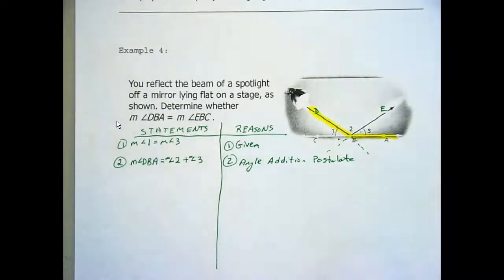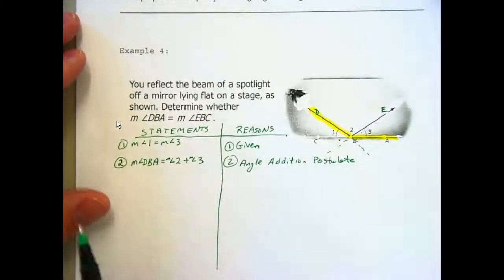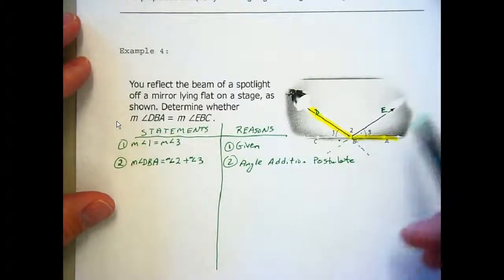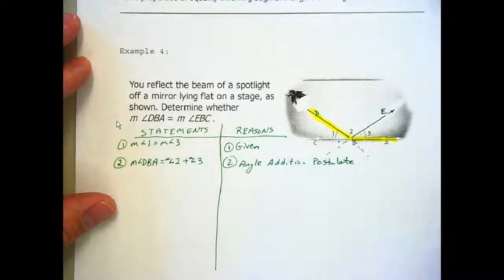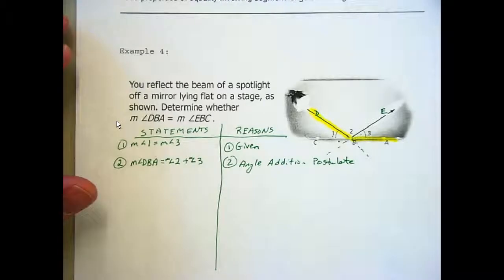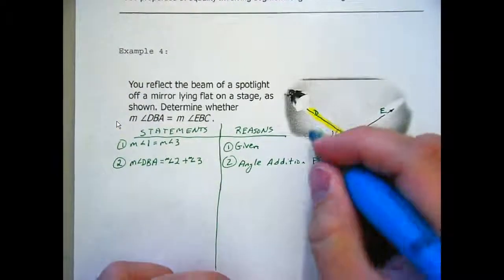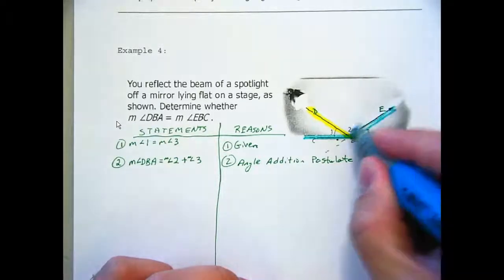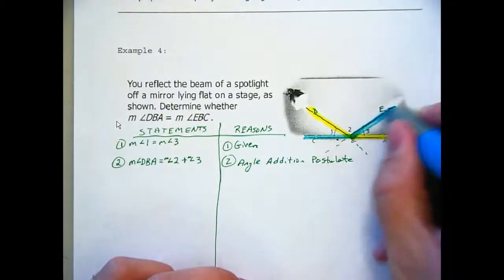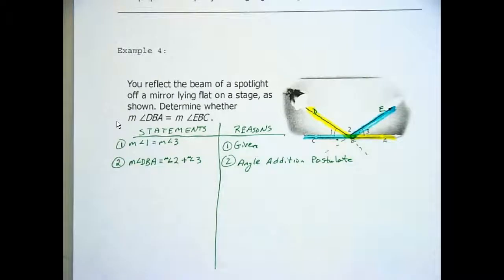And so we can say the same thing about EBC, right? So I want you to use the angle addition postulate to make a statement and a reason for EBC there. Okay?